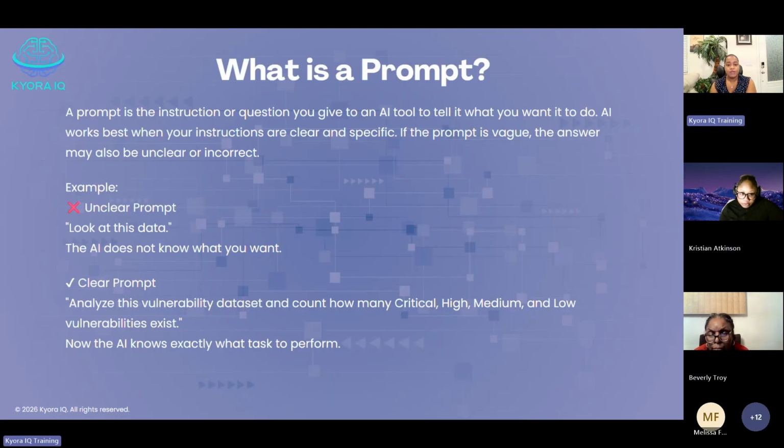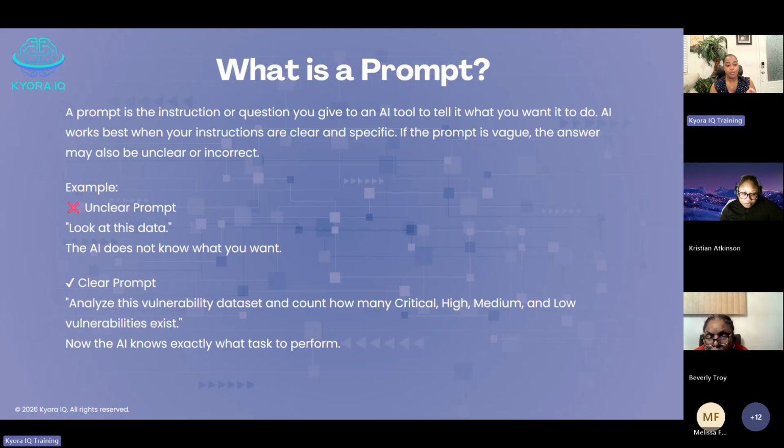And then one of the important things is prompting, right? A prompt is the instruction or question you give to an AI tool to tell it the action that you want it to perform. It's important that you provide the AI clear instructions, clear prompts, and not be vague, because then the AI may misinterpret what you're trying to ask.